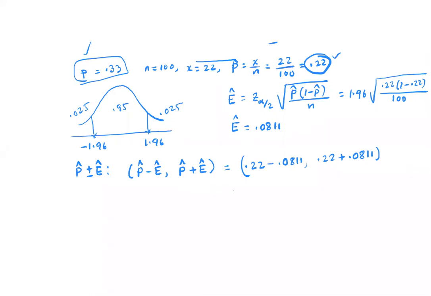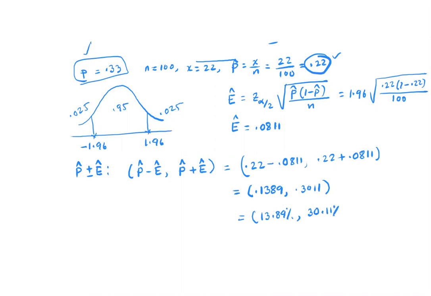So it's going to be 0.1389, comma, 0.22 plus 0.0811 is 0.3011, which, by the way, is equal to 13.89% and 30.11%.